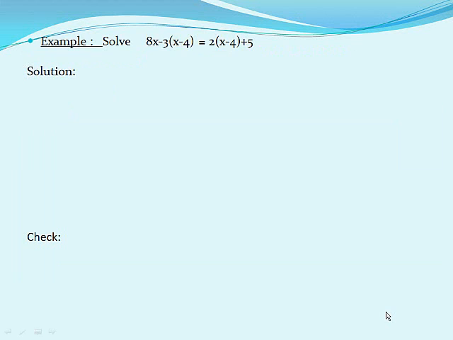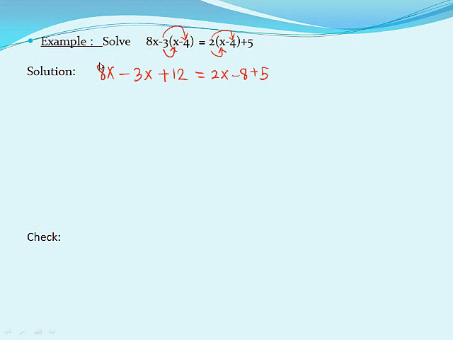Here is an example. We need to solve 8x minus 3 times (x minus 4) equal to 2 times (x minus 4) plus 5. We simplify it like this. 8x minus 3 multiplied with x, minus 3 multiplied with negative 4, that is positive 12, equal to 2 multiplied with the x, which is 2x, 2 multiplied with the negative 4, which is negative 8, plus 5.